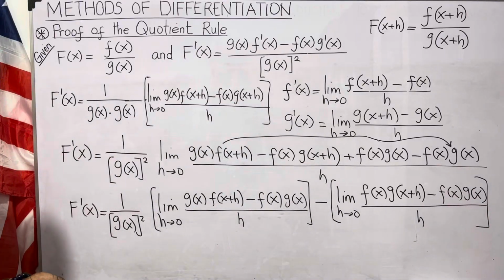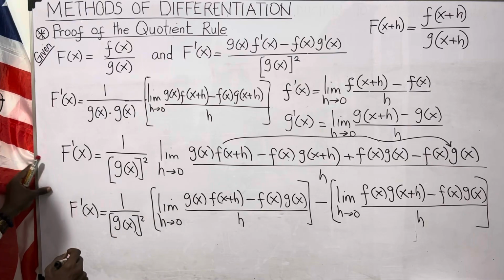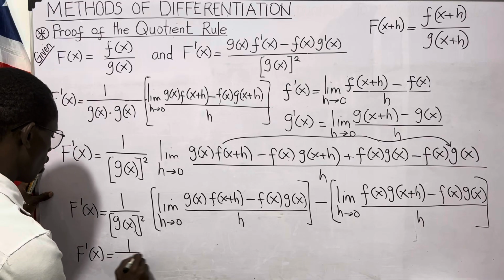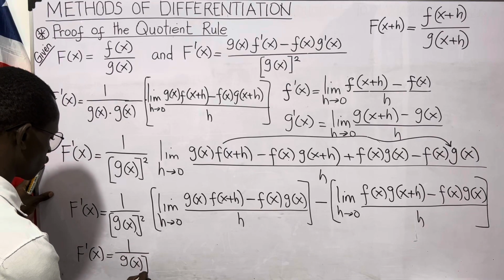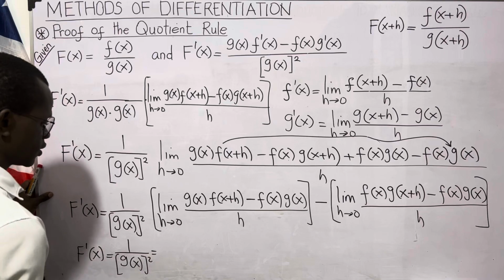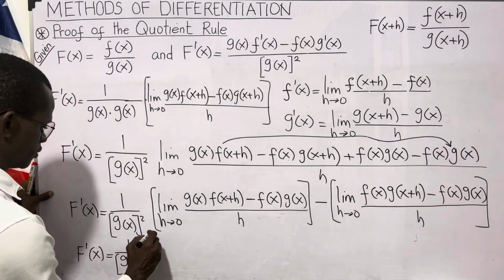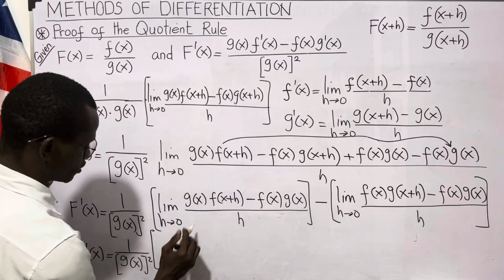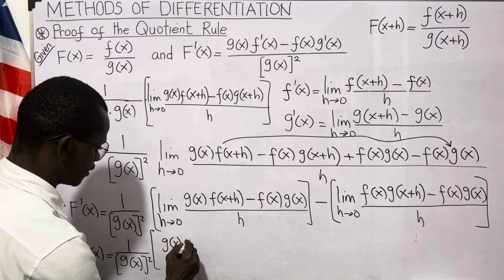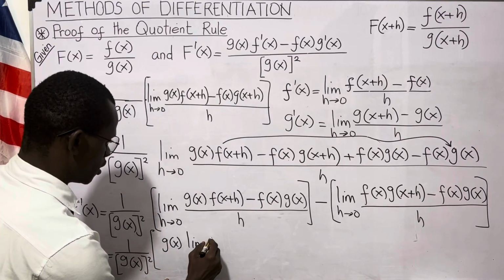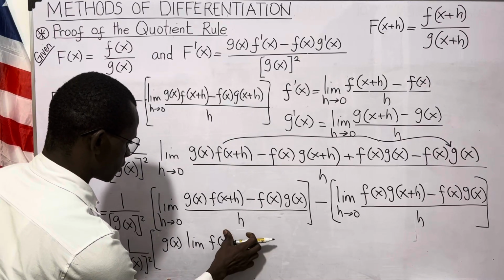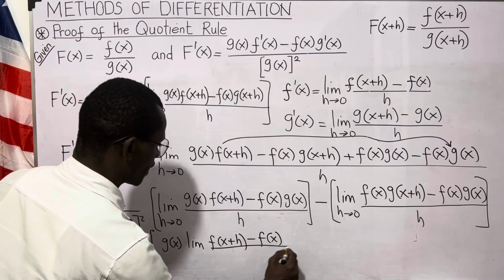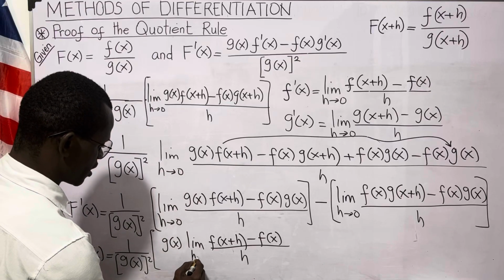Great. So we factor out. So we now have f prime of x, 1 all over g of x all squared, times now, if I factor out this g of x, because g of x is common to the two expressions, I will have the limit of f of x plus h minus f of x divided by h as h approaches 0.